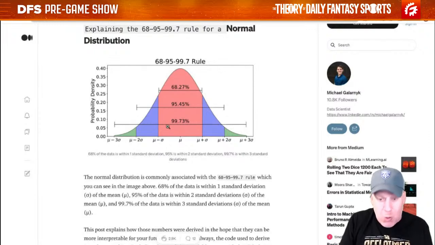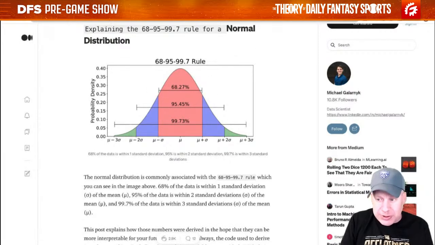NBA fits more of this type of distribution, where if someone's projected for 40 points, it's 40 in the middle, and then here's 35, here's 45, and it goes like that. Most of the results are somewhere within one standard deviation of that median. So if the median is 40, they'll score somewhere between 25 and 55, in this 68% zone.